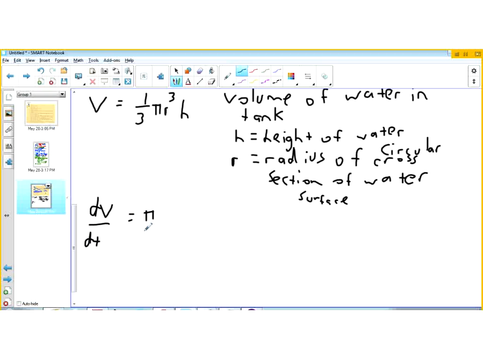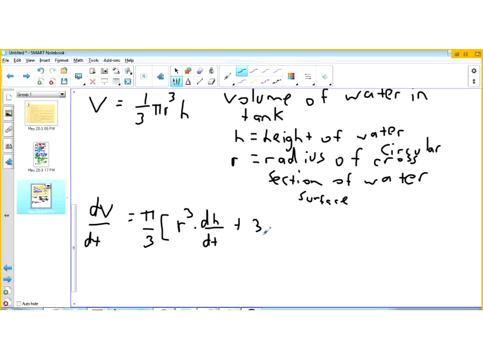So change in volume with respect to time would equal pi-thirds, that's a constant, times r squared times the change in height with respect to time plus... no, that's not r squared, that's r cubed, I'm sorry.